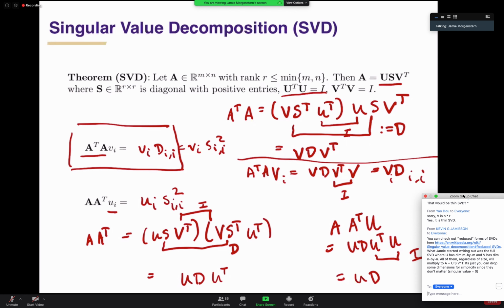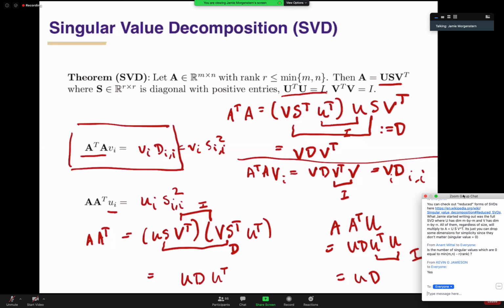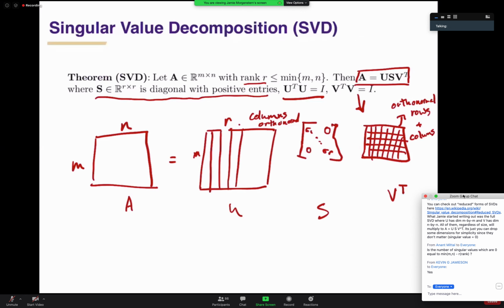Right. Kevin alluded to this, and I made some mathematical mistakes because I was reminding myself and switched between M, N, and D when initially writing this down in my notes. You can either compute the full SVD, or you can recognize that if you have matrices that are much longer than they are wide, you can do a cheaper computation. If we go back and look at this picture, there are two theorem statements.